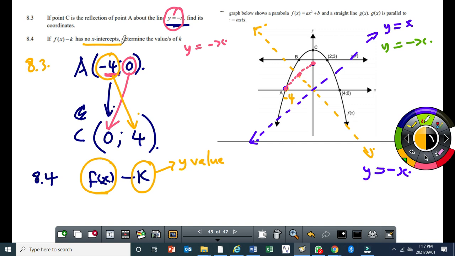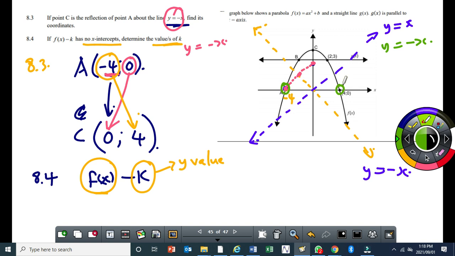So what values of k will make this graph that we have here be converted to one which has no x-intercepts, because currently it has got x-intercepts? So, how can it not have x-intercepts? That's what the question is asking.